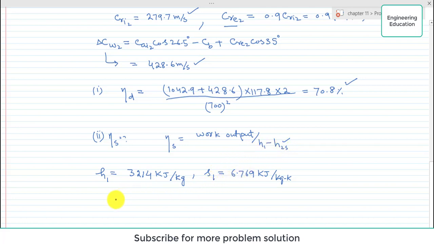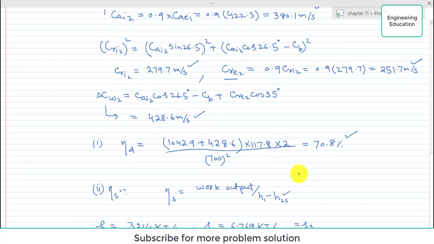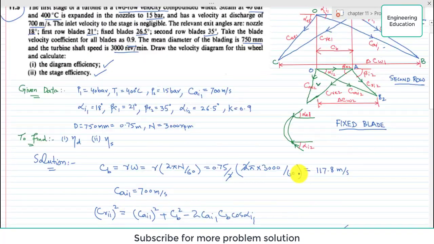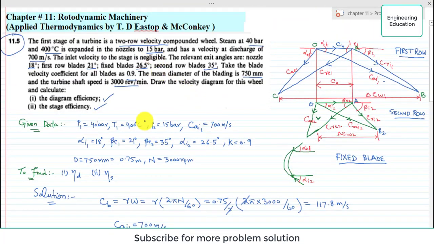So for H2, the entropy is same as S1, which is 6.769 kilojoule per kilogram per Kelvin. And the value of pressure, from here, P2 is 15 bar.